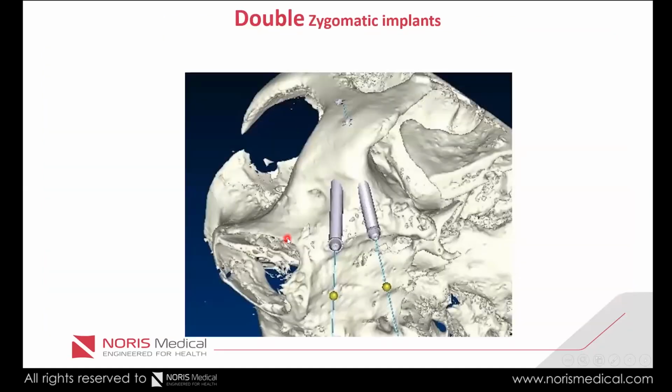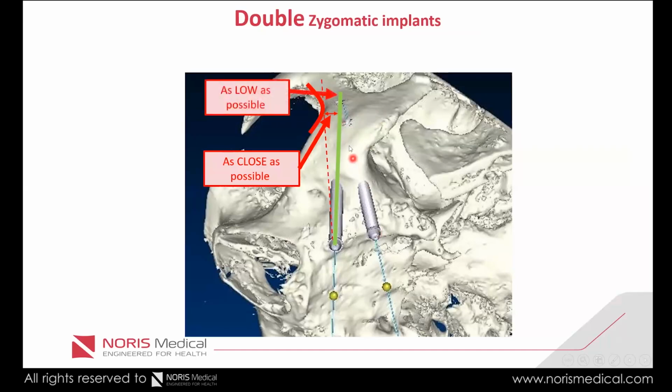If we're talking about double zygomatic implants, we have the anterior implant. We will position the anterior implant as close as possible to the orbital rim. Why as close as possible? Because we want to leave enough bone for the posterior implant to go further in.